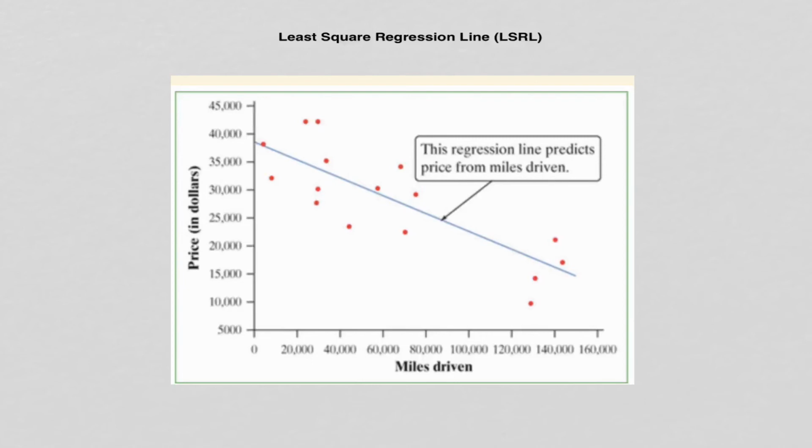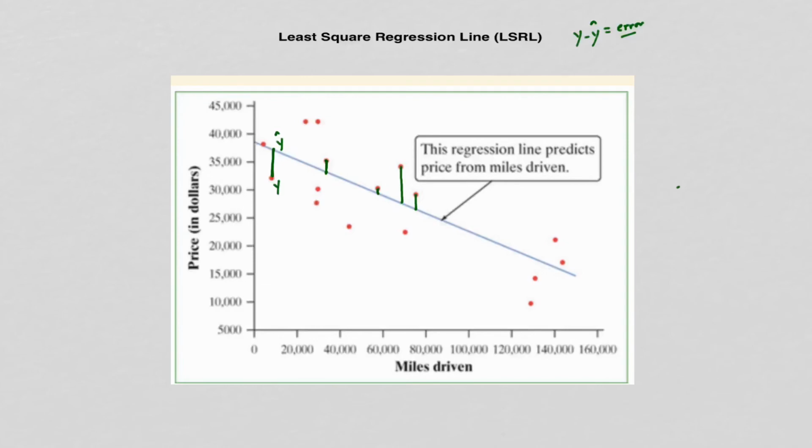This is y, and that's y hat, and this is an error. This is y, and this is y hat. That's an error, and that is an error, and this one is an error. So y minus y hat is the error.